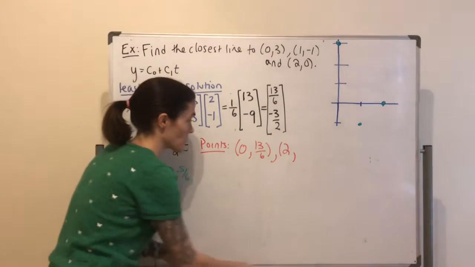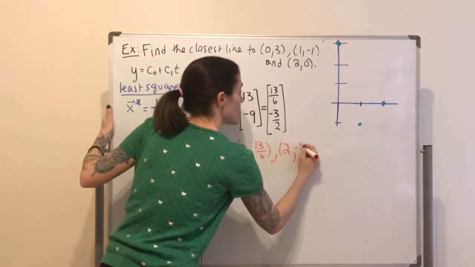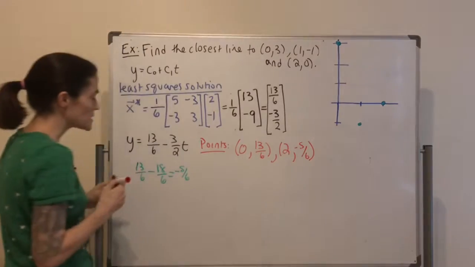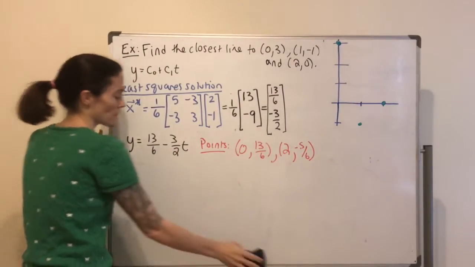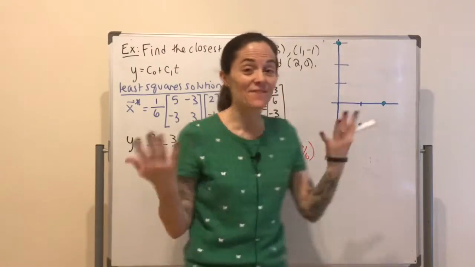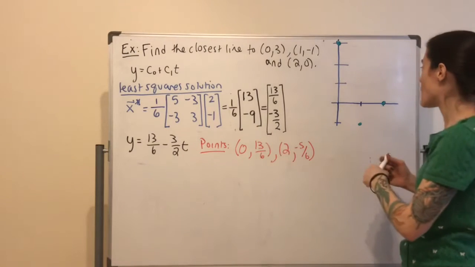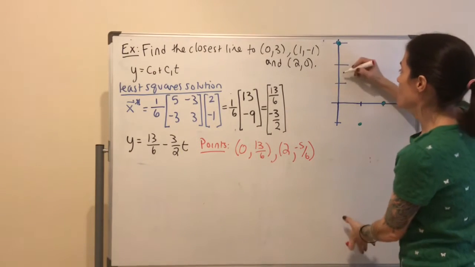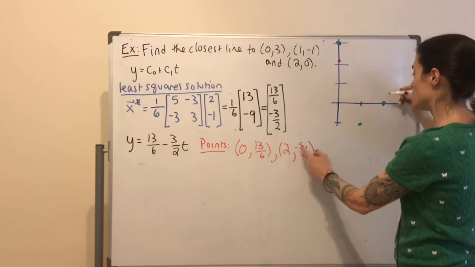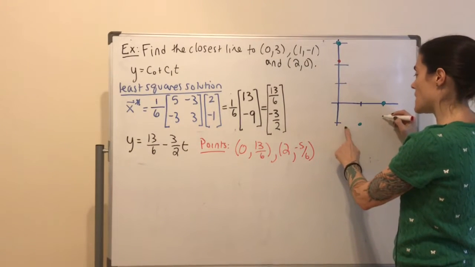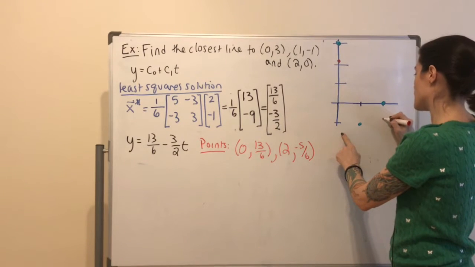Okay. So the other point on my line is 2 comma negative 5 over 6. Now let's just plot. I'll erase this side work. I tend to mess up fractions if I don't write them down. That's why I did that. So let's plot these 2 points. 0 is about 2 1/6, and then 2 and negative 5/6, something like this.